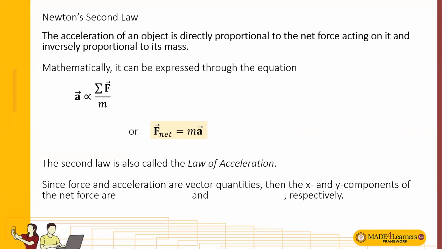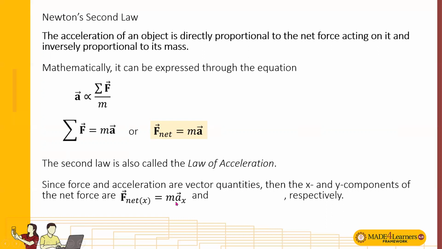Since force and acceleration are vectors, they have x and y components for two-dimensional motion. If we have a net force acting along the x-axis, its effect is on the acceleration along the x-axis.